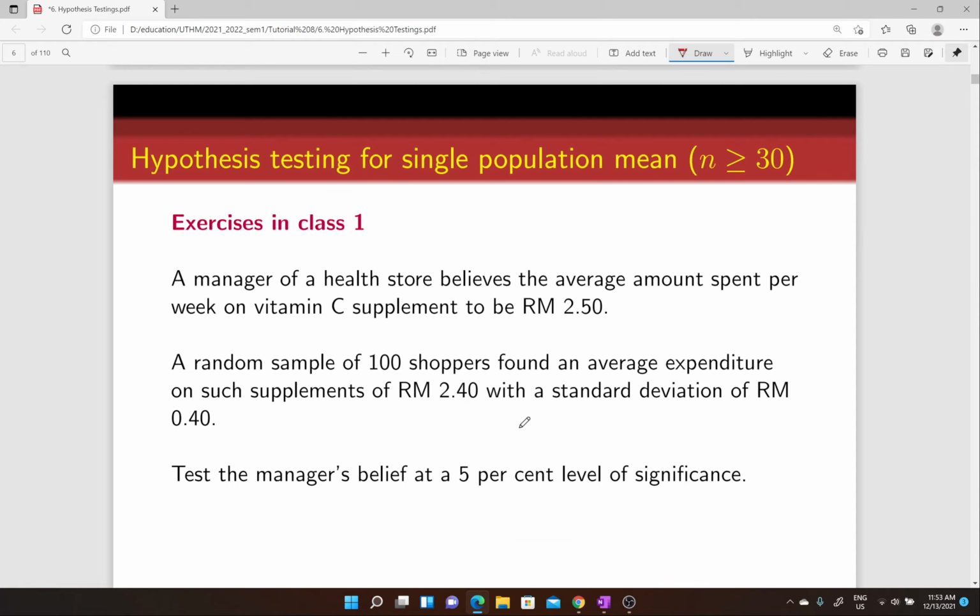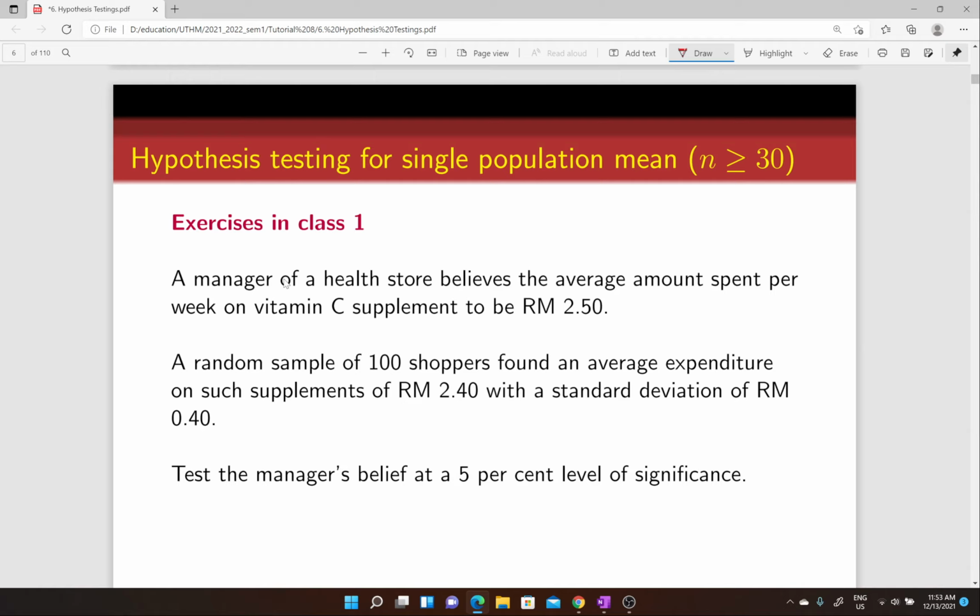Okay, look at this example. Hypothesis testing for single population mean, n is greater or equal to 30. You have to fill up certain values inside the slides. A manager of a health store believes that the average amount spent in a week on vitamin C supplement is this one.